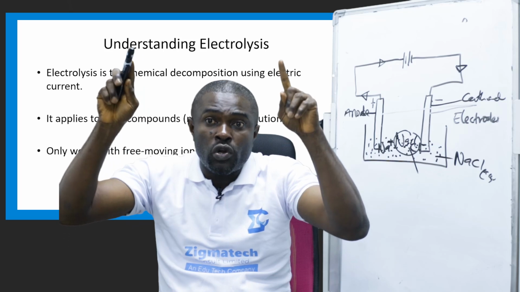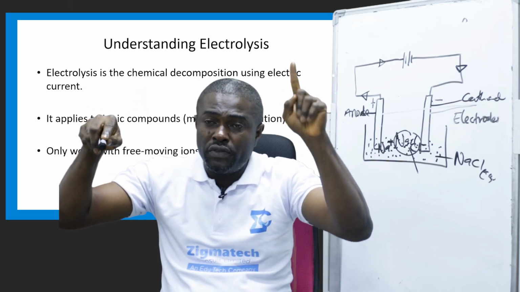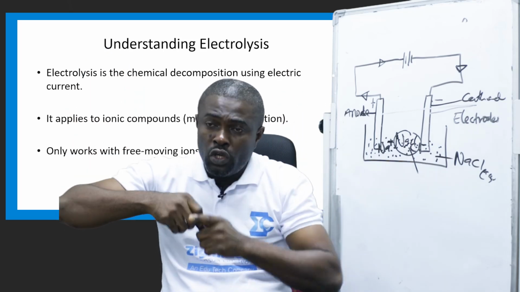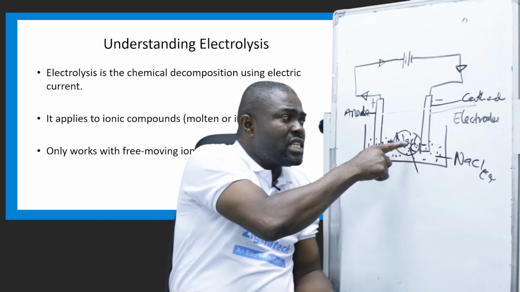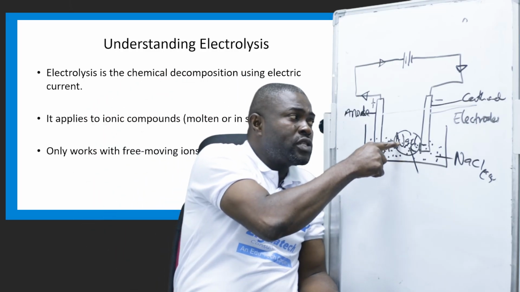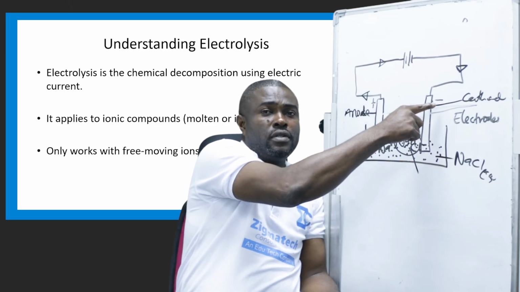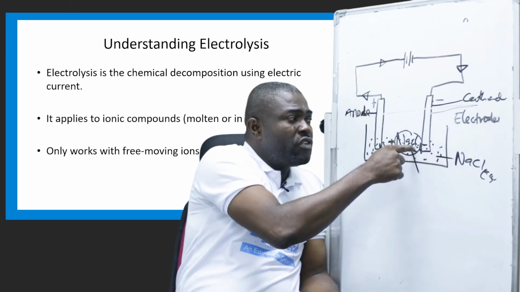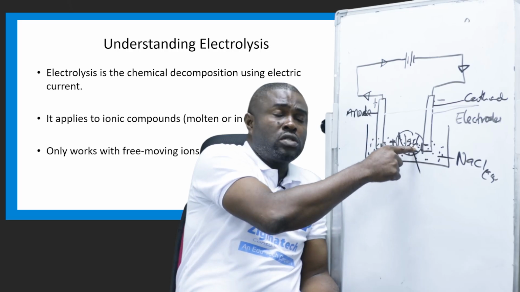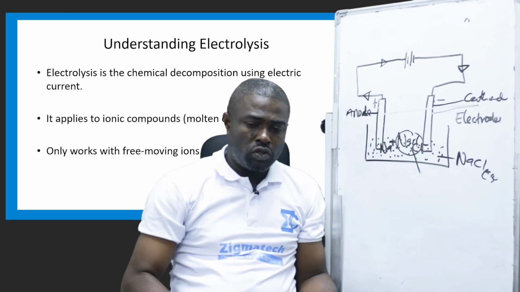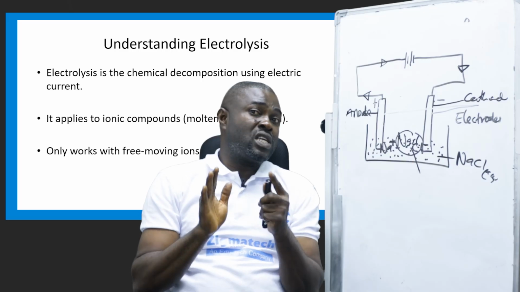Remember, we have two rods. One is negative, one is positive. So the ions inside this electrolytic cell, the positive one will move to the what? Negative. While the negative ion moves to the what? Positive electrode.